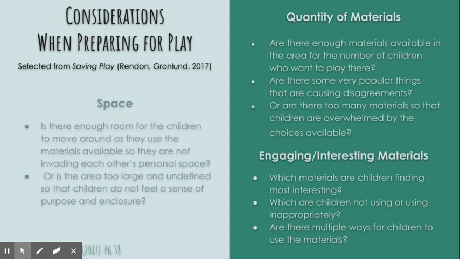Are there too many materials so children are overwhelmed by the choices? Perhaps having multiple copies of favorite books available in the library might help with the disagreement idea. I skipped that note, I'm sorry. But having too many materials can also be an issue.